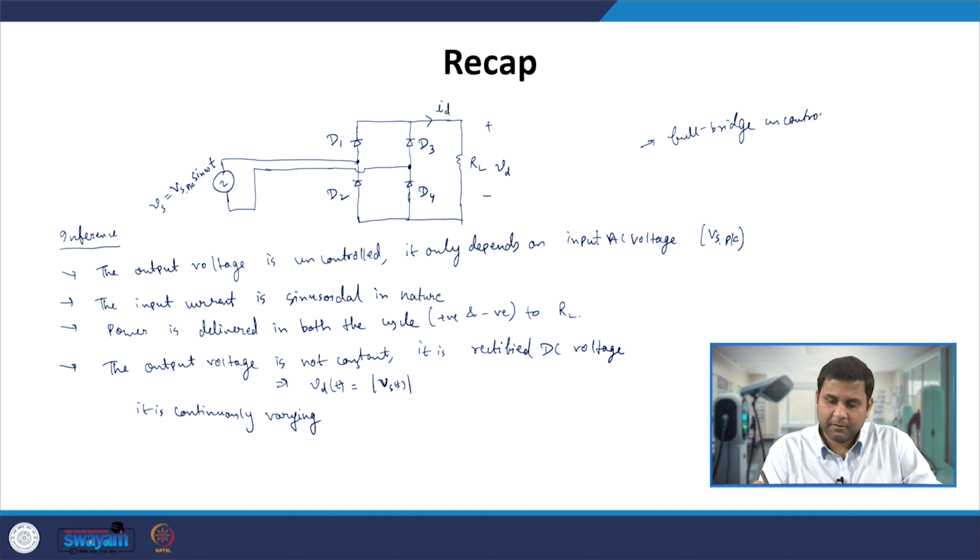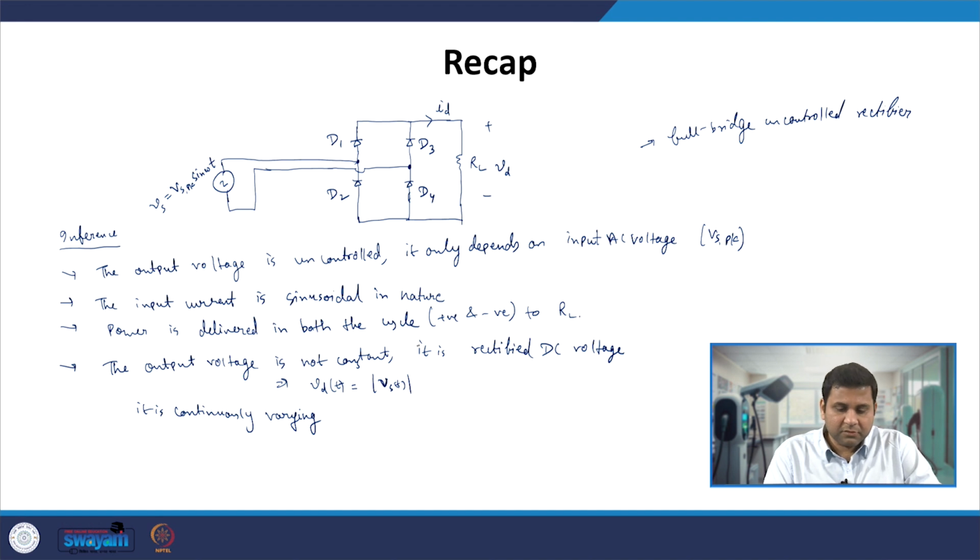If we look carefully, one of the inferences we got was that the output voltage is uncontrolled. That means it only depends upon the AC voltage which has been applied. You do not have any controlled variable with which you can change the output voltage to the value which you desire.